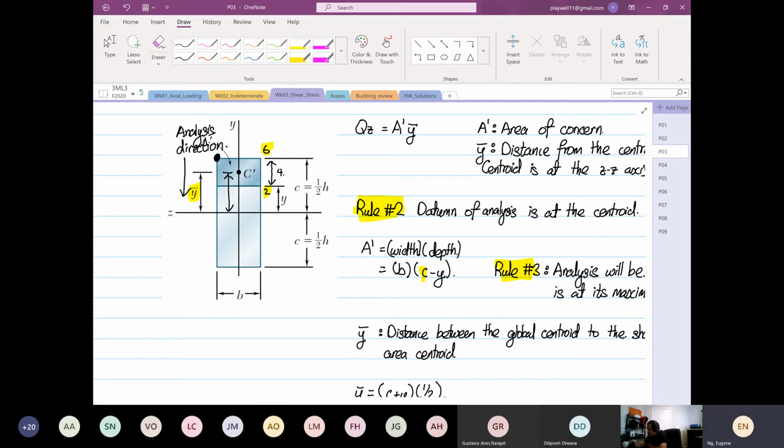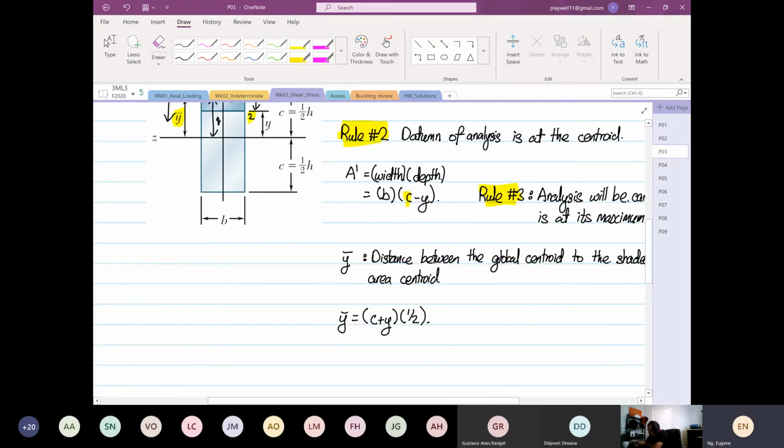No guesses? It's 4, right? It makes sense. So for this case, C is equal to 6, Y is equal to 2, multiplied by half, this is equal to 4. So this explains the formula. Don't memorize this, okay? If you memorize this, we'll be in trouble.